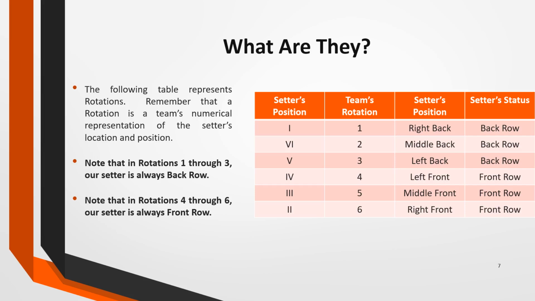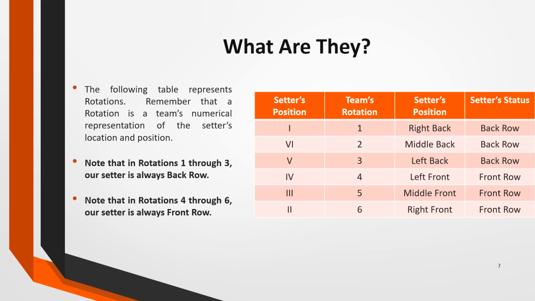This is a very good mnemonic device for you as officials to use, because if you're keeping track of your setter, you know the team's rotation, so you know what your setter status should be. You will know where the setter's position currently should be. This will aid greatly in your knowledge of alignments and rotations.